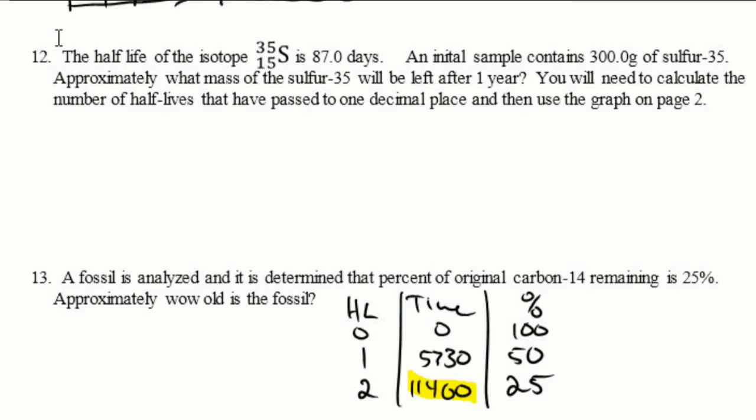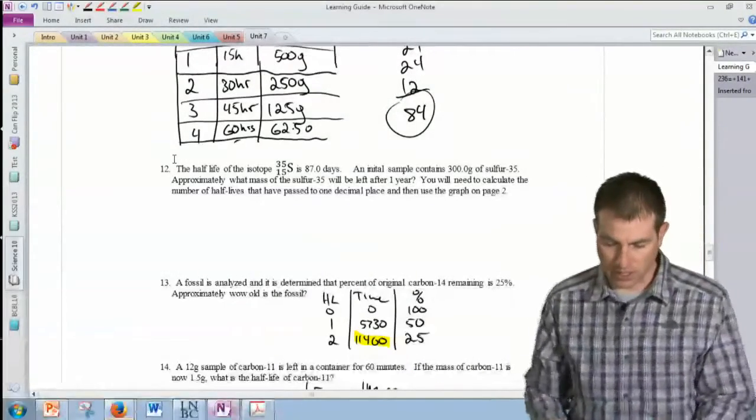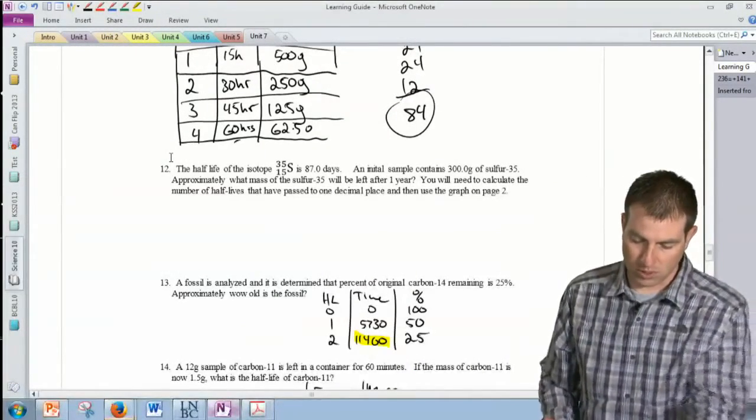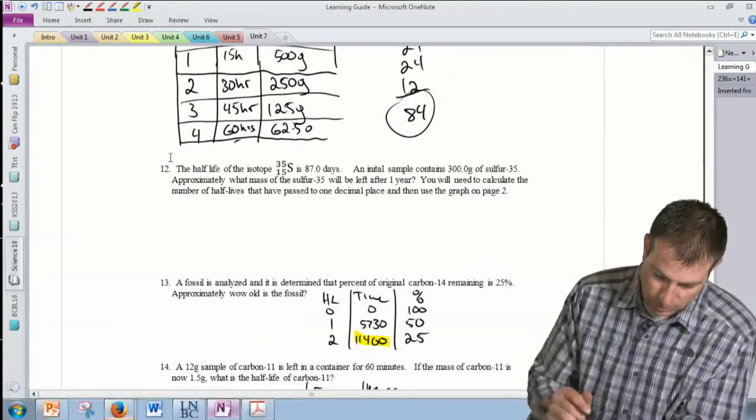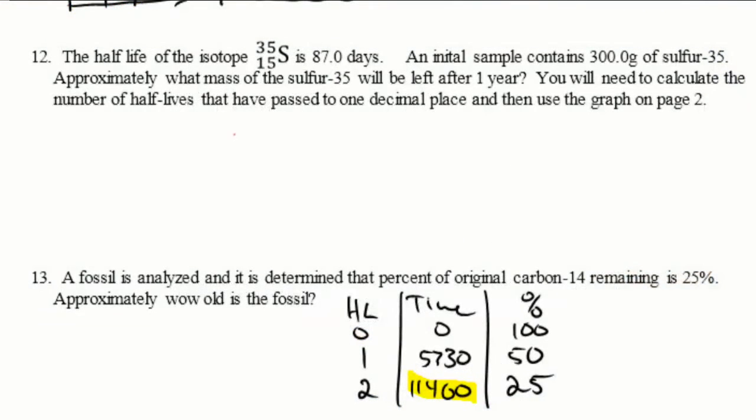we didn't have a chance to find that graph, or I didn't know where it was, but let's do this. If I had 1 year, that's 365 days. And it says a half-life is 87 days.